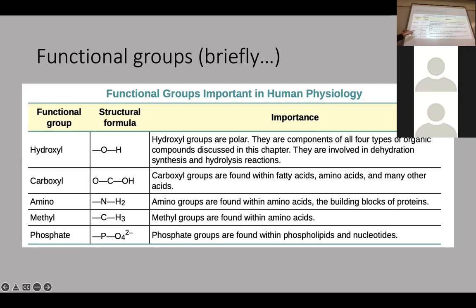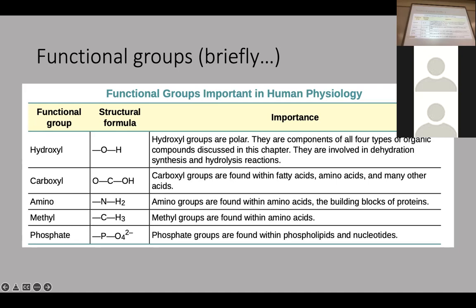Amino is the only one you need to know with a nitrogen. So N plus 2 hydrogens is amino. Those are going to come into play obviously in proteins with the amino acids. Methyl is a carbon plus 3 hydrogens, CH3.